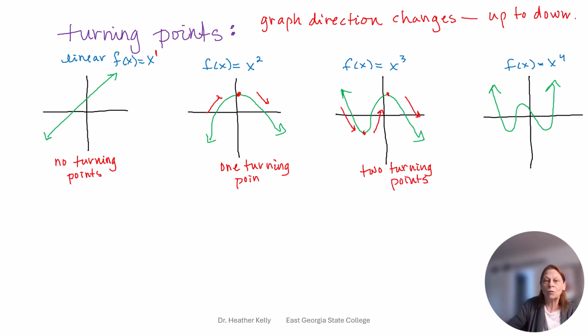And in fact, we have exactly one less turning point than the degree. So 3 turning points. So we don't actually have to have a graph to be able to know how many turning points there will be.